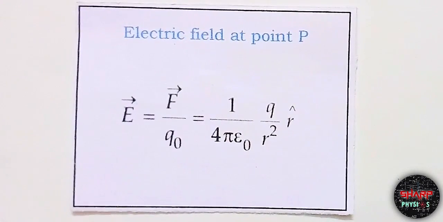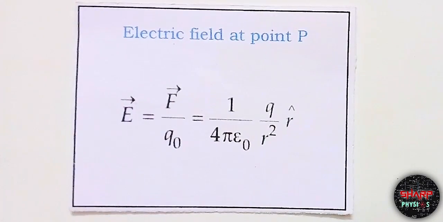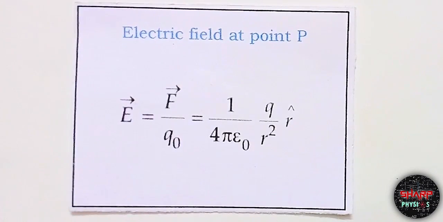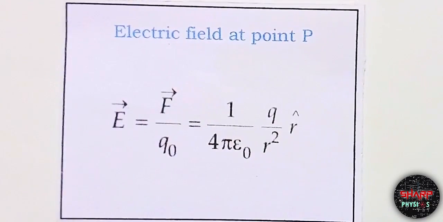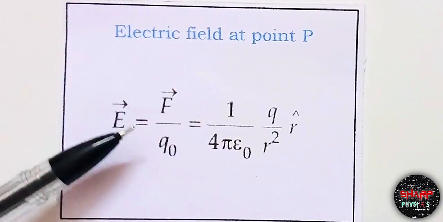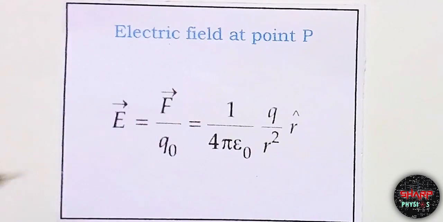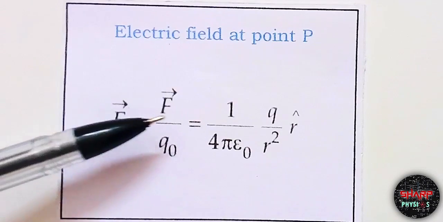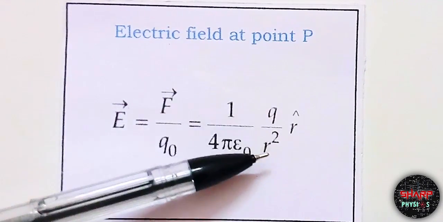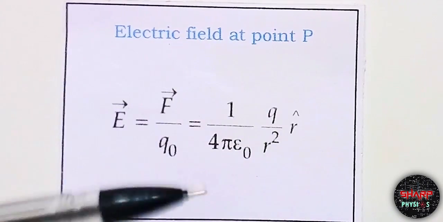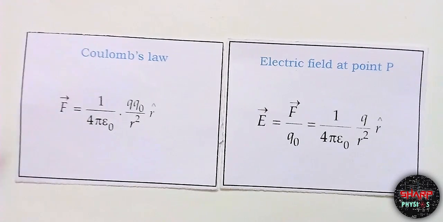Once you get the force between the source charge and test charge, next you will calculate the electric field at a point P. We already know the formula: electric field is equal to force by test charge. For the force, we substitute Coulomb's law, 1 by 4 pi epsilon 0 Q Q0 divided by R square R. So now you can calculate the force as well as the electric field.